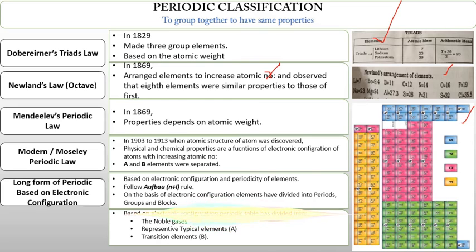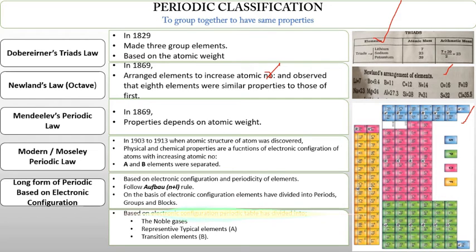Electronic configuration follows the n plus l rule, which is the Aufbau principle. For further detail on the Aufbau principle I will make another video. So this is only an introductory video.